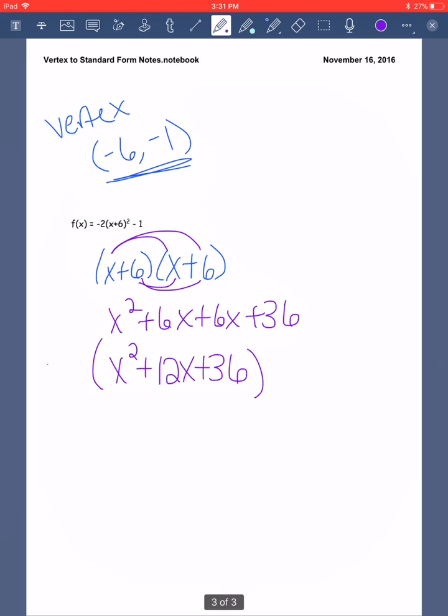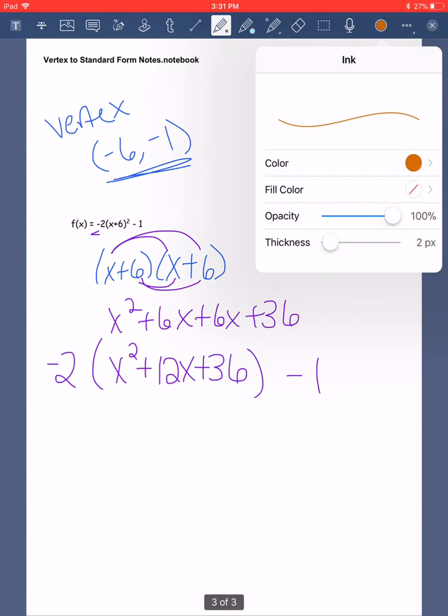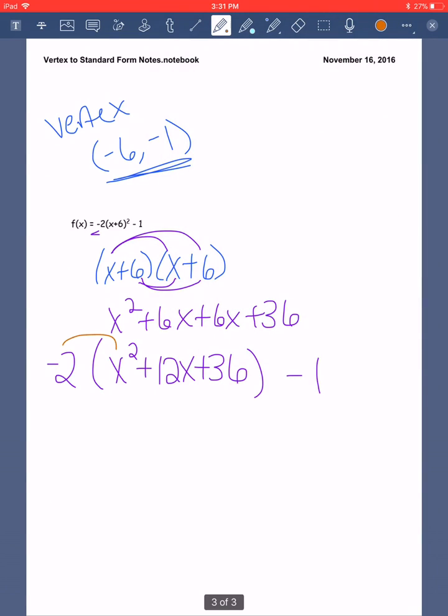And to that, I'm going to be multiplying it by -2 and subtracting 1. So now I need to multiply out my -2. So -2 times x squared is -2x squared. -2 times 12x is -24x.